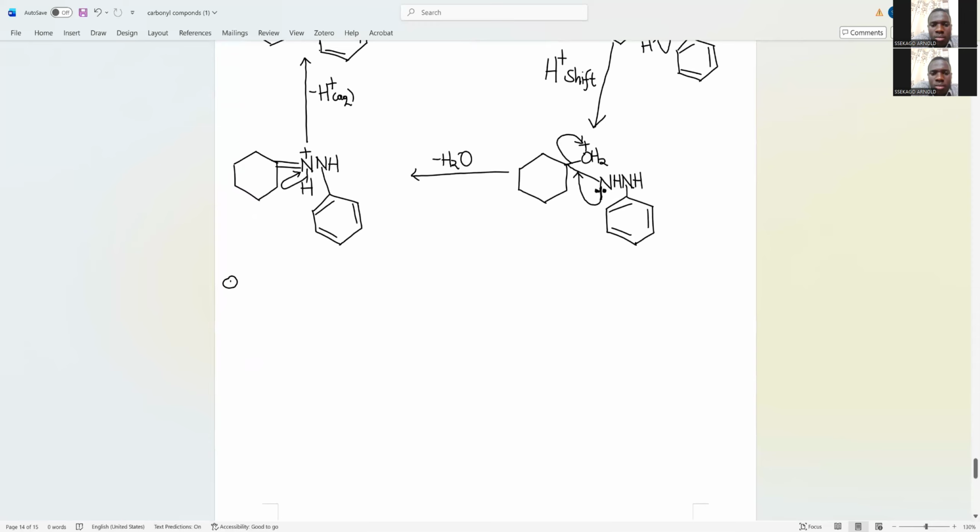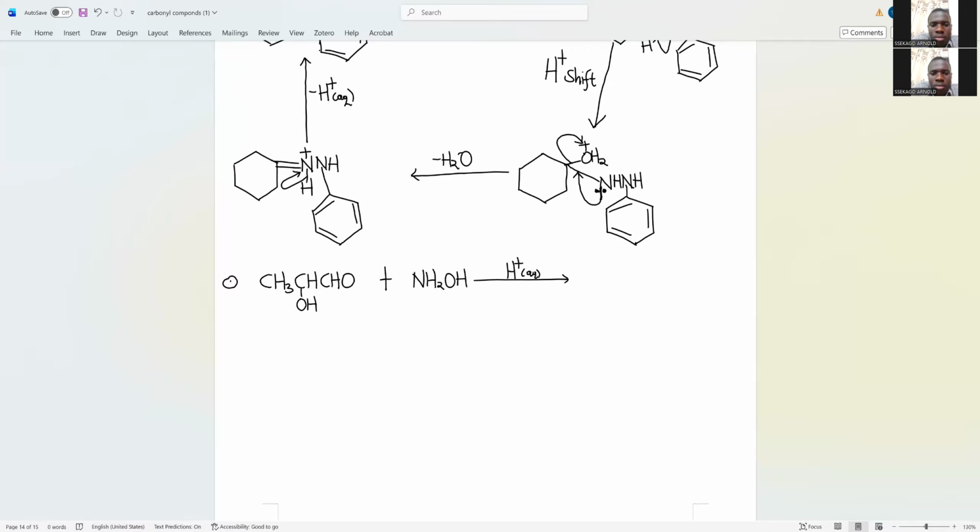Which example of a carbonyl compound do I take? I can take an example of CH3CHO, reacting with hydroxylamine, NH2OH, in presence of hydrogen ions.